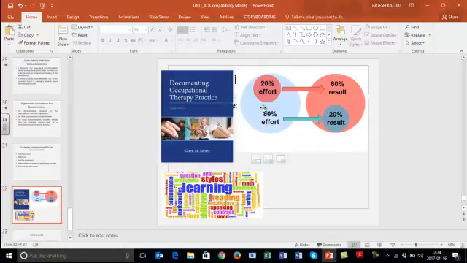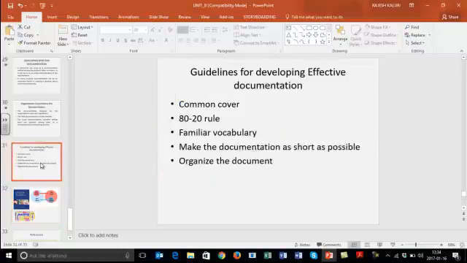And as I was telling, for common cover, you should have a common kind of representation, common font styles, and common representations for diagrams and tables has to be followed. You have to make everything in an organized way, with page numbering and various other things.